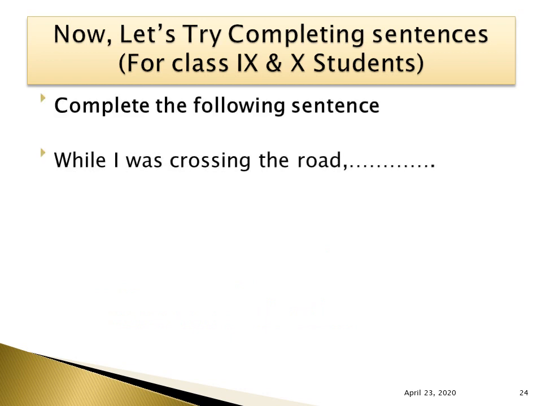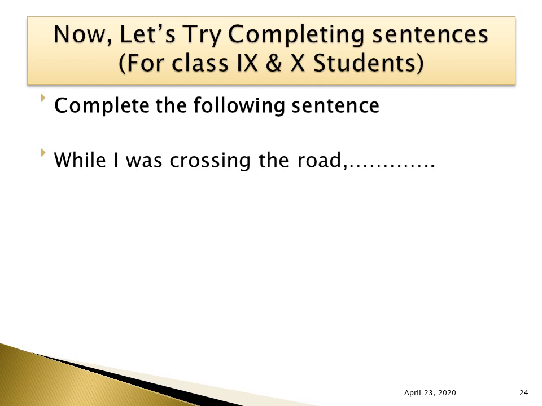Another example, while I was crossing the road. It's a complex sentence, and while I was crossing the road is a dependent clause because without the later part of the sentence, it is incomplete. So when I was crossing the road, that means past continuous tense. Then you should follow the trend of tense.